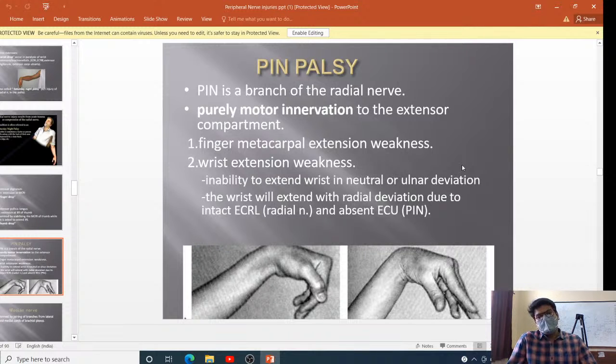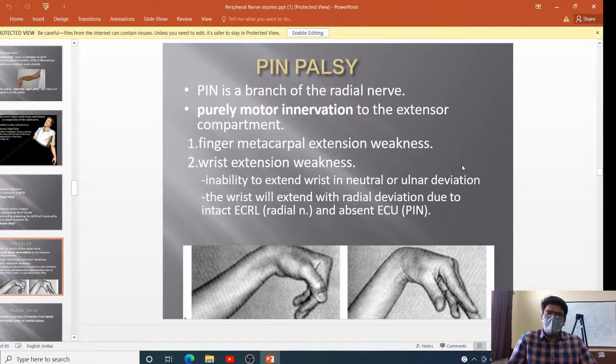So there is finger metacarpal extension weakness. Why? Because the posterior interosseous nerve supplies the extensor digitorum, extensor indicis, extensor pollicis longus, abductor pollicis longus, extensor digiti minimi. That's why there is metacarpal extension loss, which is why there is finger drop.